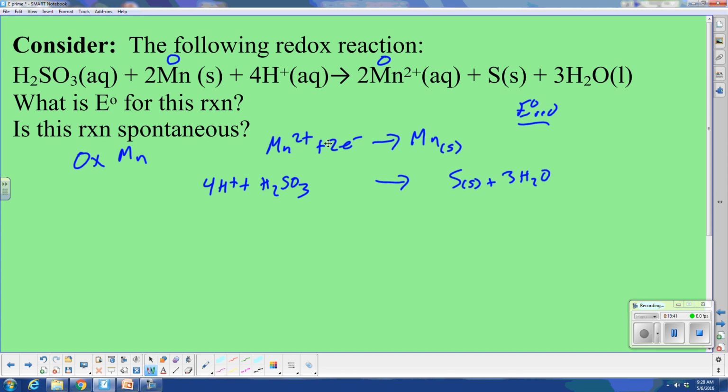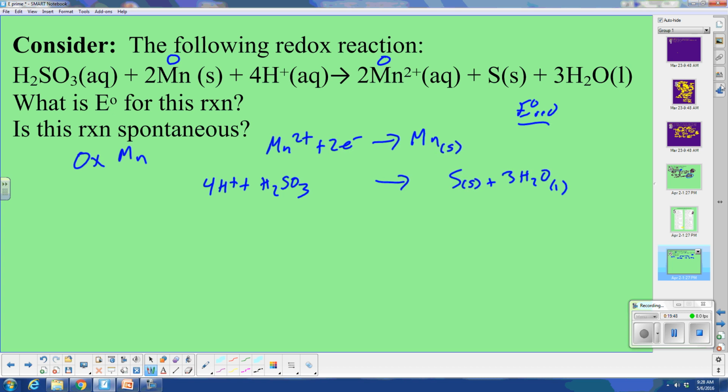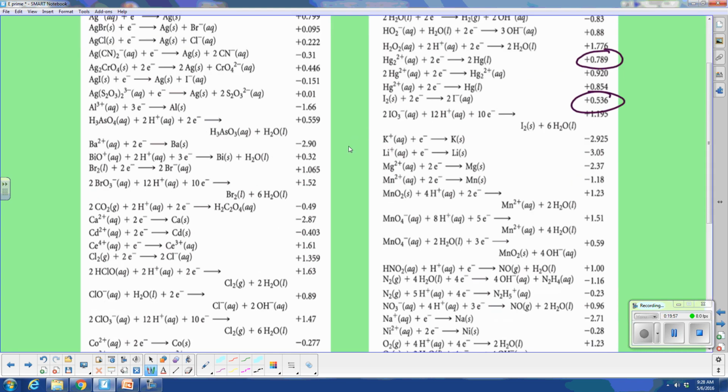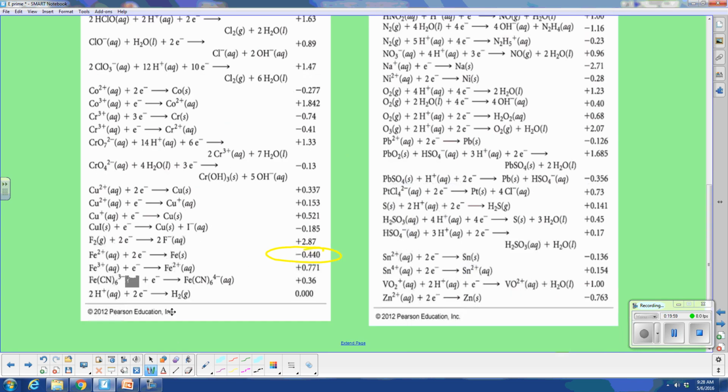Now, if we're lucky, the rest of this will show up in our table. So let's go see if we're lucky. Come back to our table, and I'm looking for sulfurous acid. So let's find sulfurous acid, H2SO3. Do you guys see H2SO3 anywhere? Here's H2SO3. Look at that, H2SO3 going to water and sulfur. There we go. And it has a 0.45.